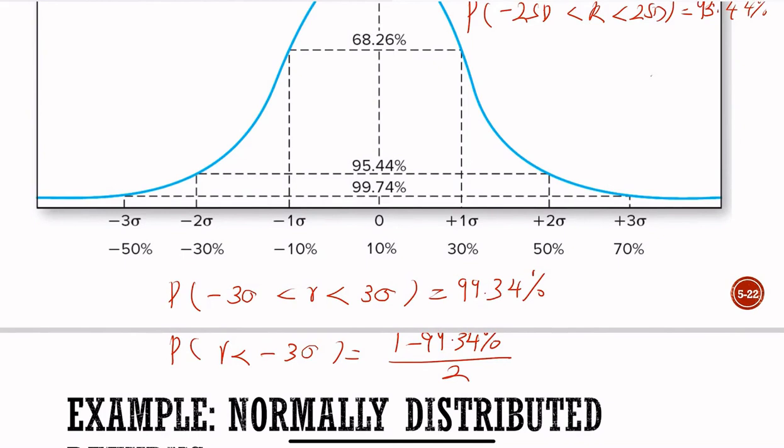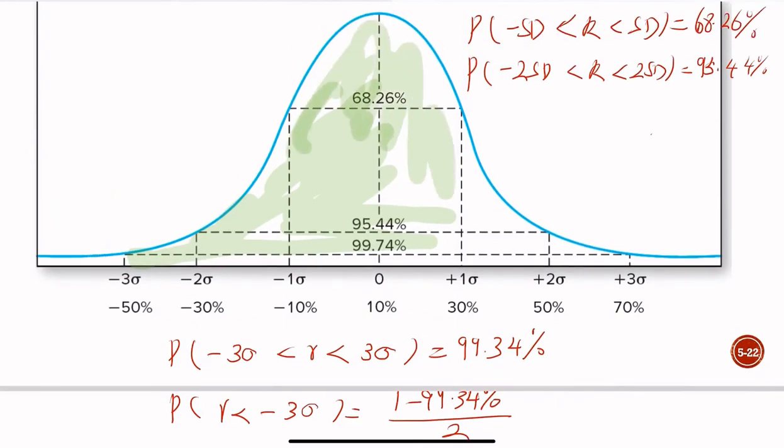Okay, let me make it easier to understand. So you can see that this shaded area, if you look at this shaded area, then the probability for this shaded area is what? Well, it's 99.7%.